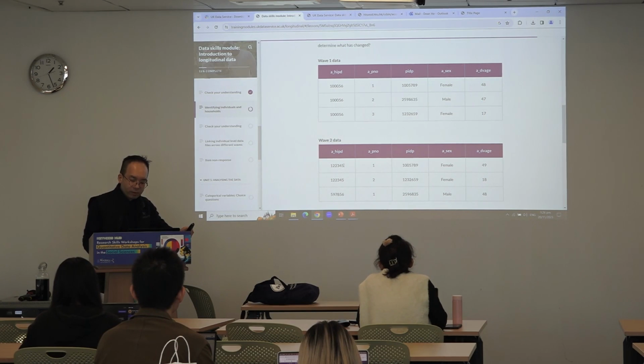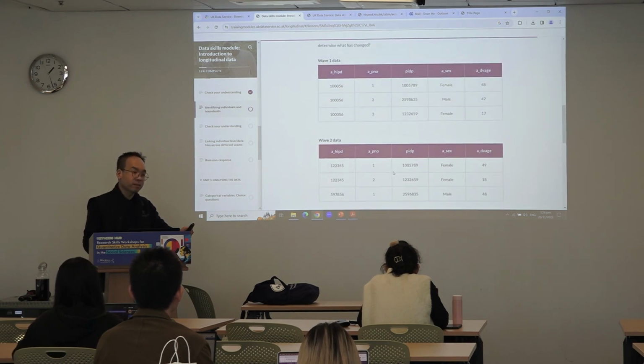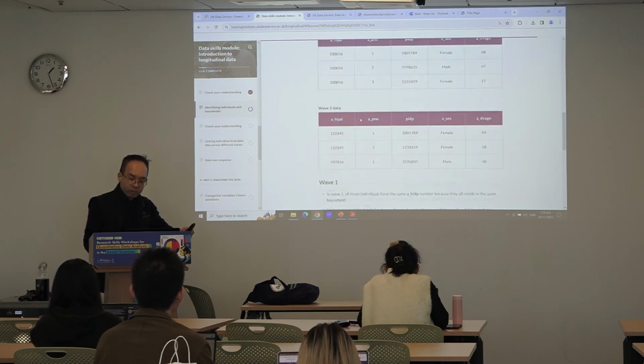I guess what we need to worry about is the status change of each one of them. Obviously, the mother has gotten older by 1 year, the daughter has gotten older by 1 year, and the father has gotten older by 1 year. So they are no longer living together, right? That's what we would be able to identify. Can you see that? That's the change, okay?